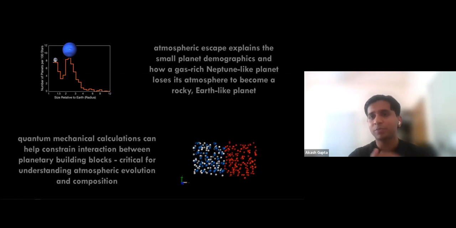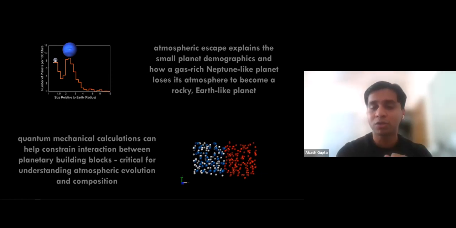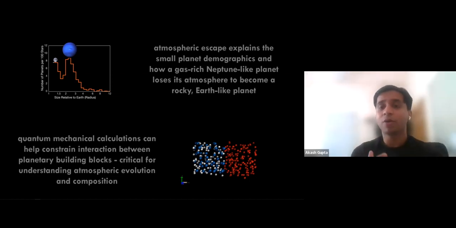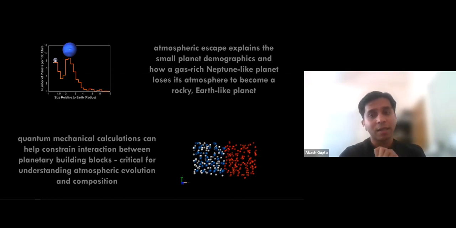Ultimately, you definitely expect all these mechanisms to be contributing to some degree. Going forward, our group and James Owen's group are working towards developing a more unified hydrodynamic theory to figure out what's exactly happening out there. So we are definitely working on that front.